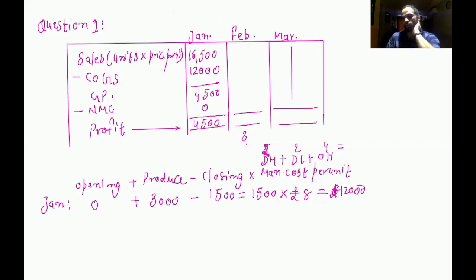Tell me sales for February. Sales is 22,000. Okay. And cost of goods sold for February?